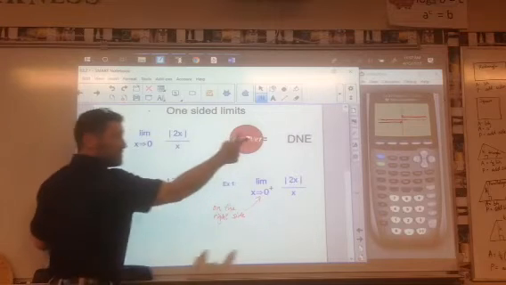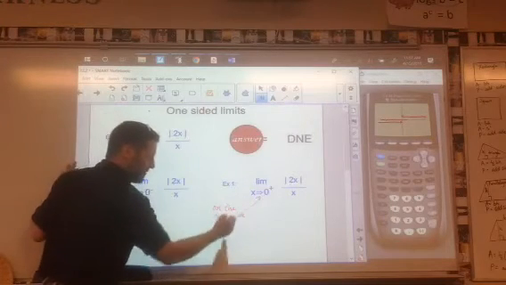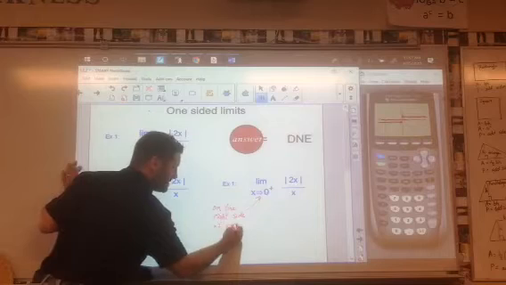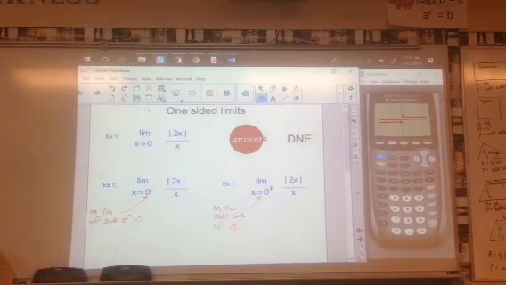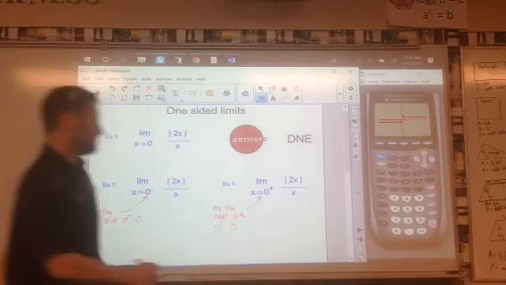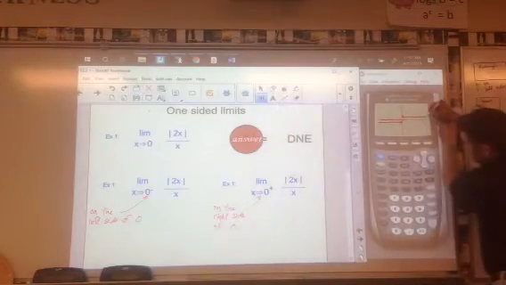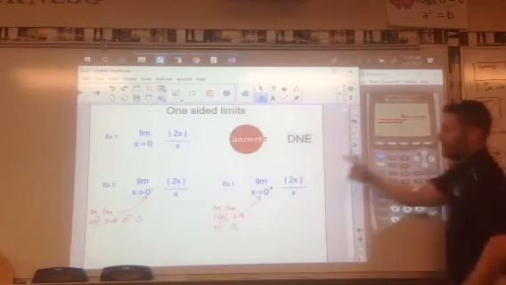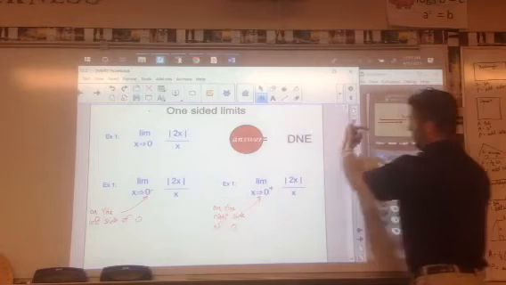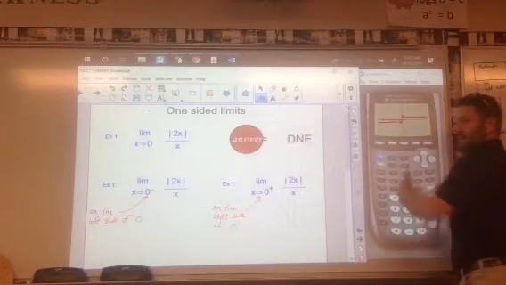We can look at our picture. 0 plus means get on the graph and go towards 0 from the positive side. 0 minus means get on the graph and go towards 0 from the negative side.